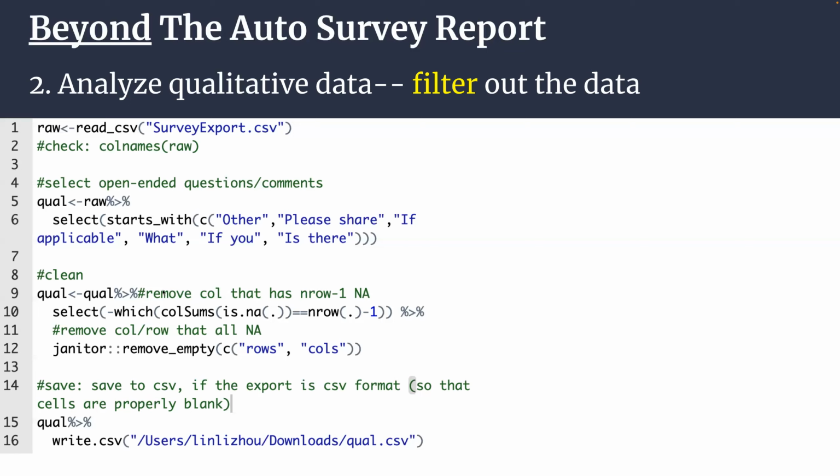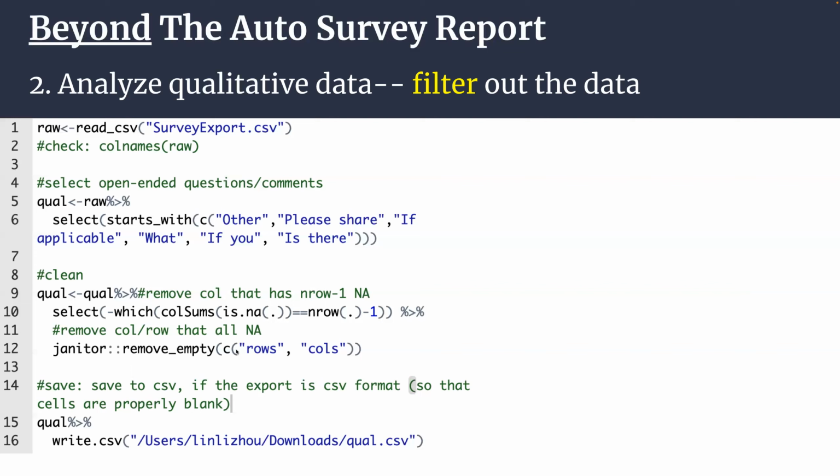After we selected the qualitative columns and saved them as this QUAL variable, we clean the data. We remove columns that have one or fewer non-missing values. That's a common way to clean the data so that we don't have any empty columns. Another way is to use the janitor package, which has a very handy function called remove empty.